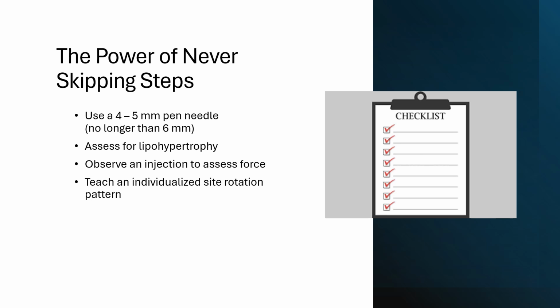So it's important for you to know about site rotation patterns and make sure the patient is doing the same at home, and advise them to replace the needle each time. Of course, that's not an issue in the hospital. We never reuse needles, but in the home setting, when they don't have a safety needle, sometimes they are reusing those needle tips too long.